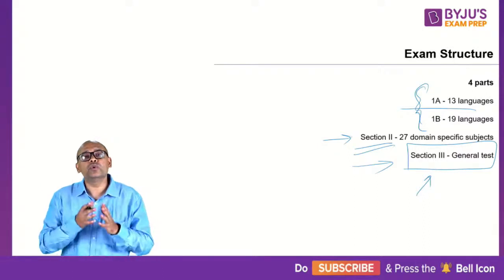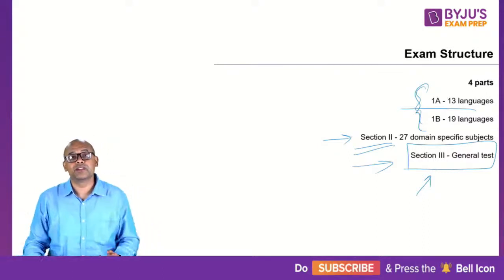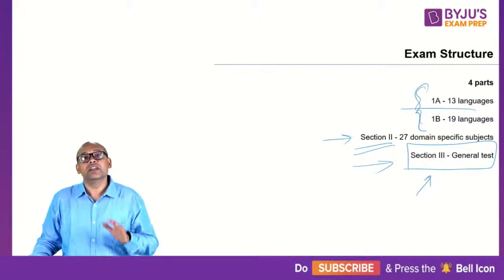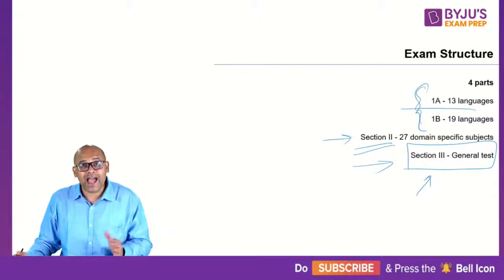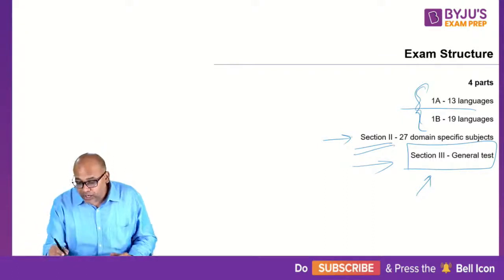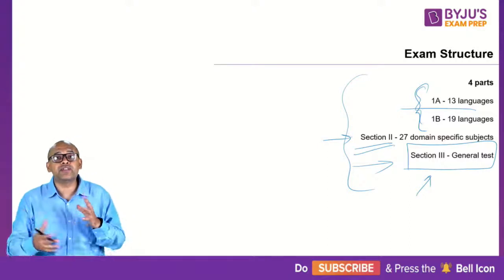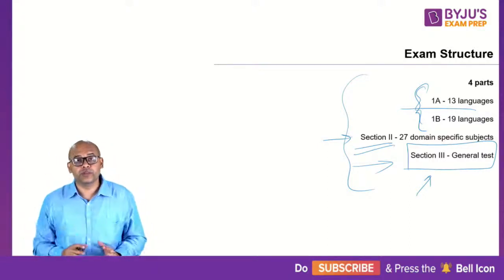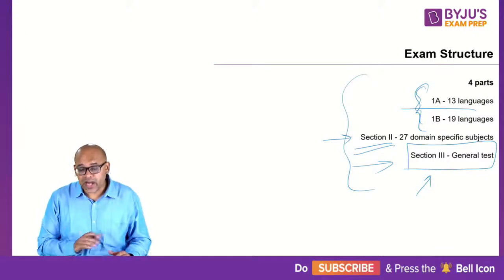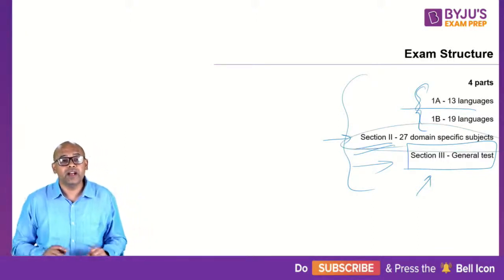It's a huge list of colleges and courses. So if you want to take commerce, let's say BCom honors, then they have given a list of colleges offering BCom honors, and they have given which of these you should be writing. There are 2-3 ways in which you can select the subjects. All that has already been given to you. Today, we are going to talk about domain-specific subjects only.